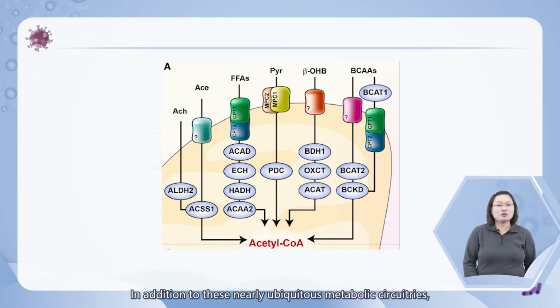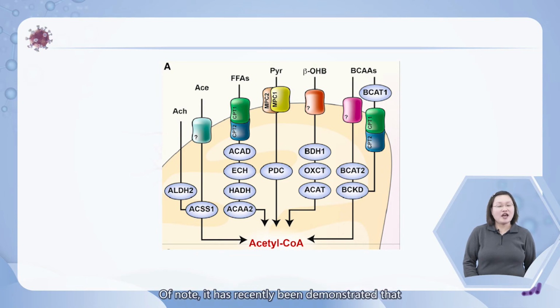In addition to these nearly ubiquitous metabolic circuitries, there are organ-specific pathways for mitochondrial acetyl-CoA generation. For instance, neurons can employ ketone bodies to generate acetyl-CoA.